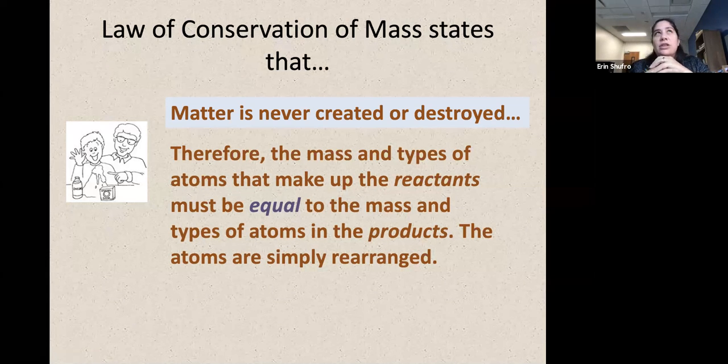So think back to the chapter where we talked about Lewis structures and VSEPR theory, and how we had molecules, which were atoms connected to each other by bonds. You cannot destroy an atom or create a new atom. What you can do, though, is rearrange them.